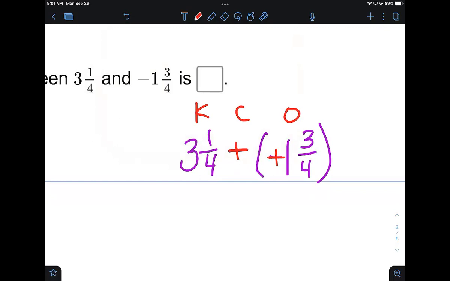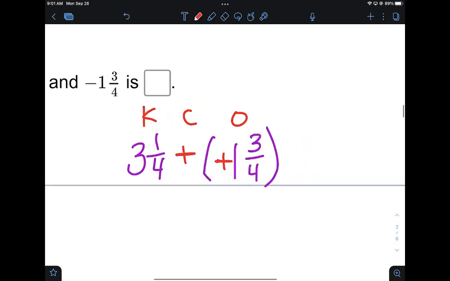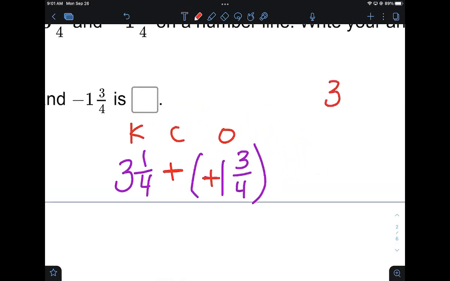Again, I can turn these into improper fractions, or I can leave them as mixed numbers. I don't really care what you prefer to do, but you have to have a common denominator. What's our common denominator? Yeah, it already has 1. It's 4. So since we're adding, put 3 1/4 plus 1 3/4.